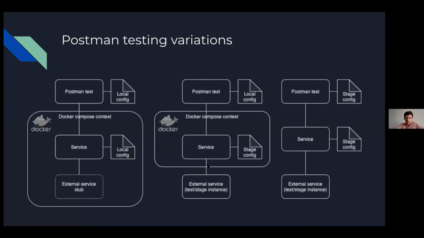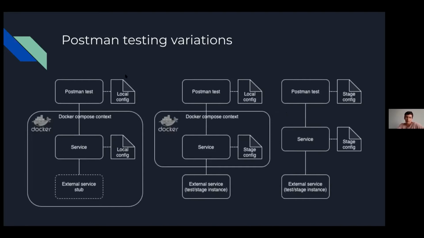So here you can see different variations of Postman testing. On the far left, it's a completely local type of testing, with all systems running on your local machine in a Docker Compose context. Then a hybrid option, when some parts of the system run in a Docker Compose context and the other parts run in standalone mode, and then just purely standalone mode.